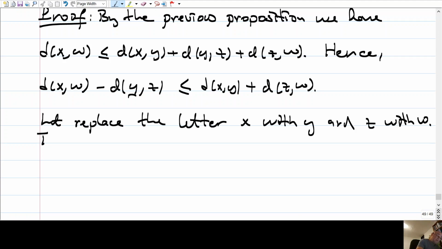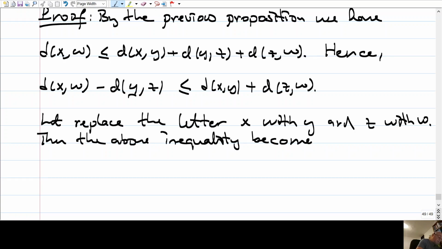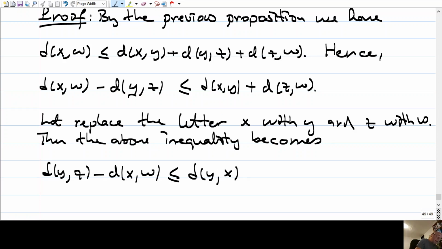Then the above inequality becomes what? So instead of x, I am writing y. Instead of w, I am writing z. Instead of y, I am writing x. And instead of z, I am writing w. Here, instead of x, I write y. Instead of y, I write x.